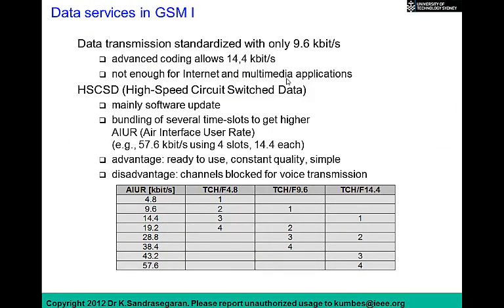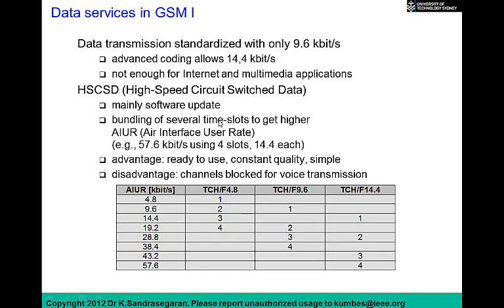We know that if you have one time slot, you can achieve about 9.6 kilobits per second, and with better coding you can get 14.4 kilobits per second. Now this rate was still very low for internet or multimedia applications, and so they came up with the idea of HSCSD.